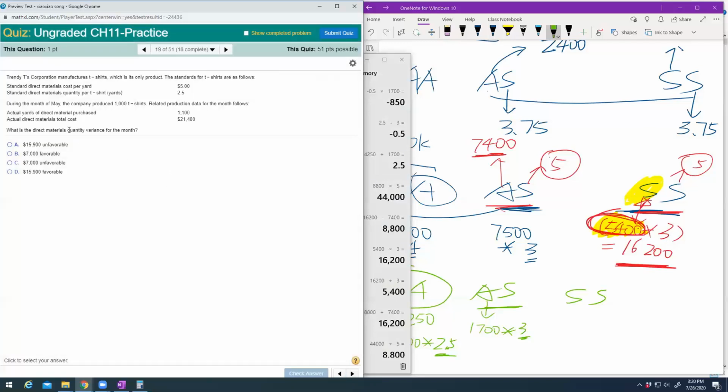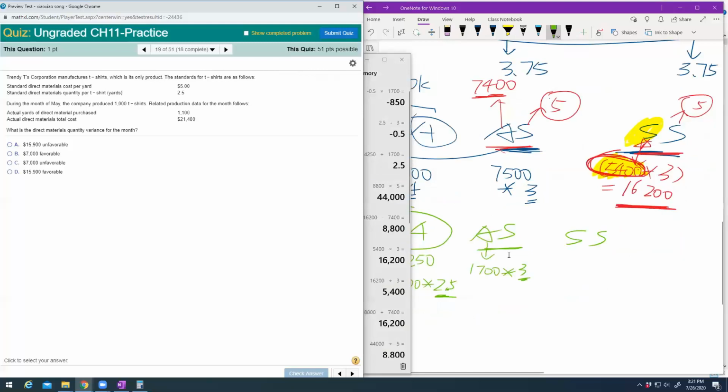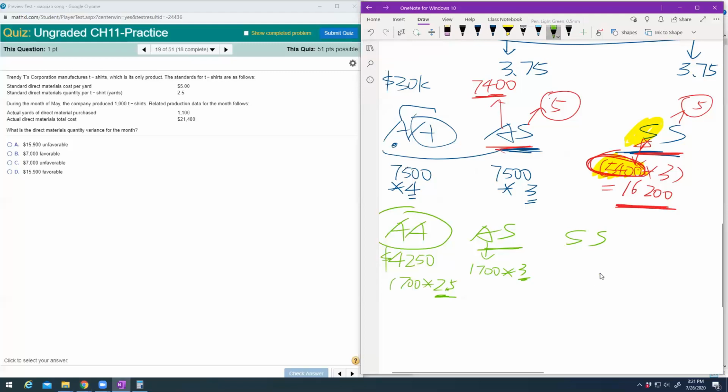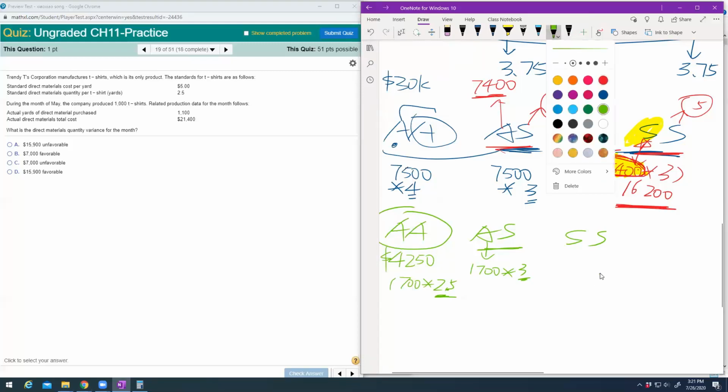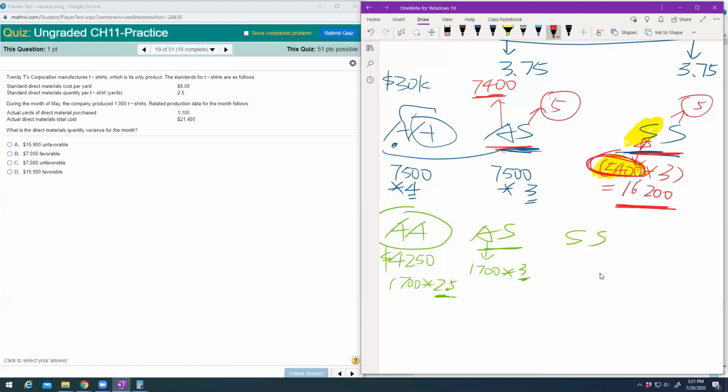Next one, asking you about our quantity variance. Look at this one: standard cost material per yard, and standard direct material per unit. Let's look at the number one more time. I'll just look at the concept with you. So actual and standard.